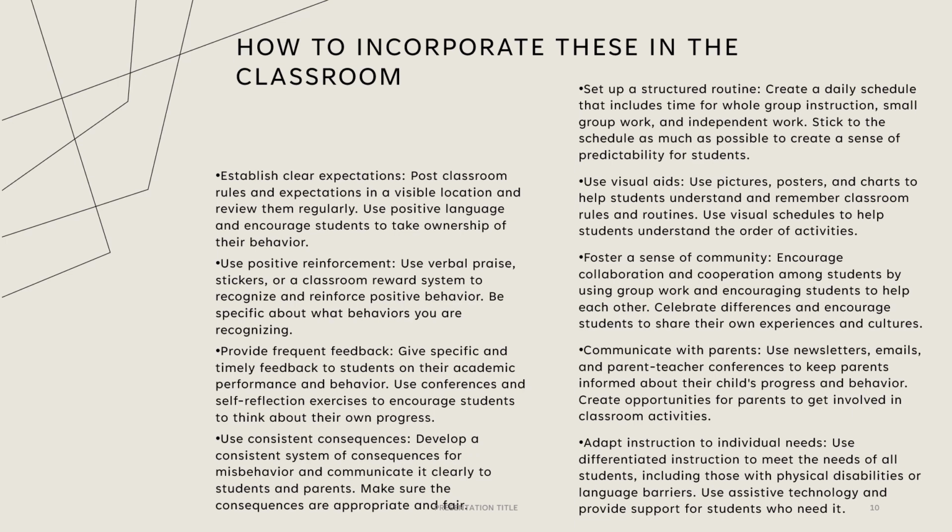So we're also going to use consistent consequences. We need to develop a consistent system of consequences for misbehavior and communicate it clearly to students and parents, and make sure the consequences are appropriate and fair for every student. So one thing we're going to do is list the classroom rules, expectations, positive reinforcement, and the consequences all on one sheet.